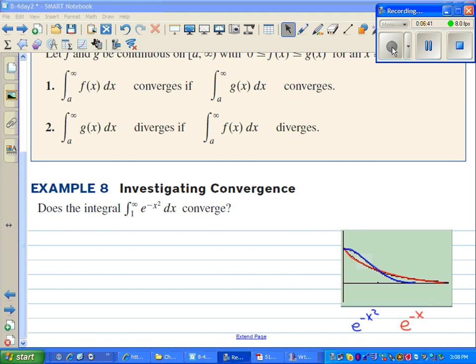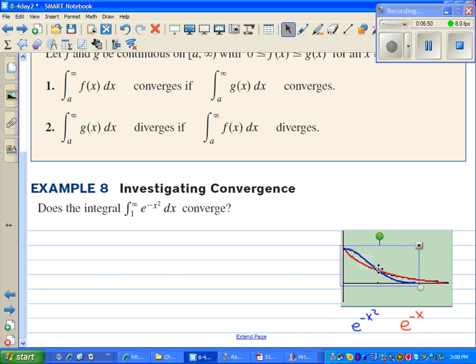Over on the graph to the right, I have e to the negative x squared in blue and e to the negative x in red. The two intersect at x equals 1, and after that, e to the negative x squared is below e to the negative x.